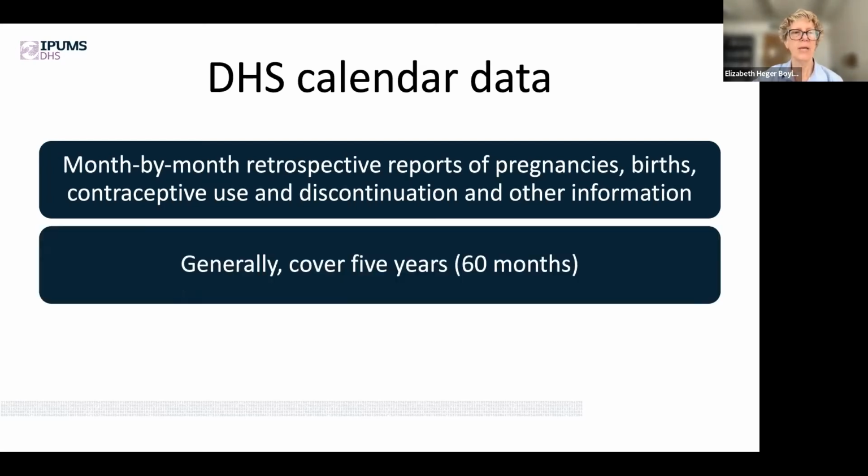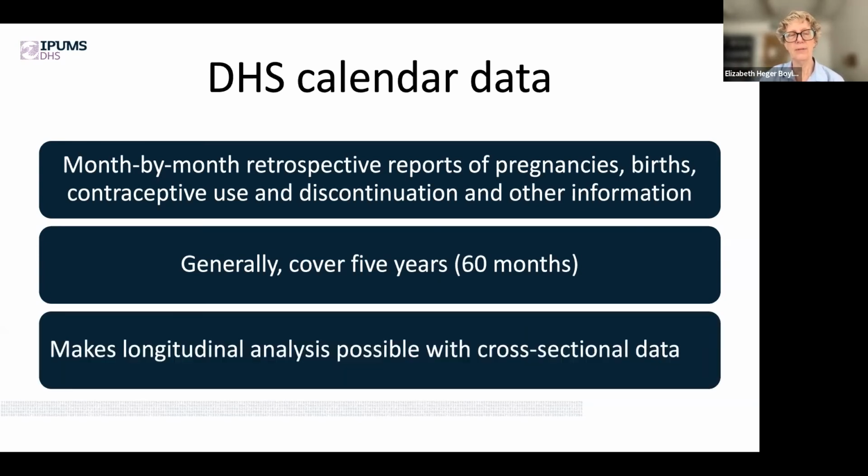The calendar data is retrospective for 60 months or 5 years, usually. Sometimes the timing is a little bit different, but for most surveys, it's a 5-year calendar. And the reason that the DHS calendar data is so valuable is it takes cross-sectional data and provides a longitudinal component within that cross-sectional data.